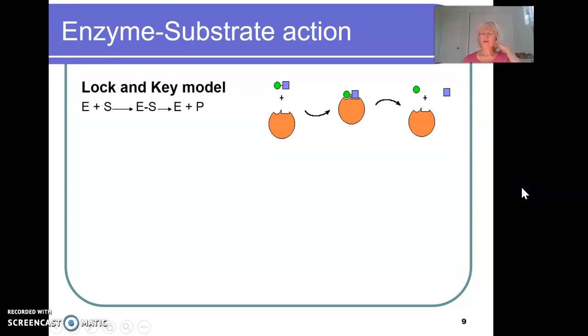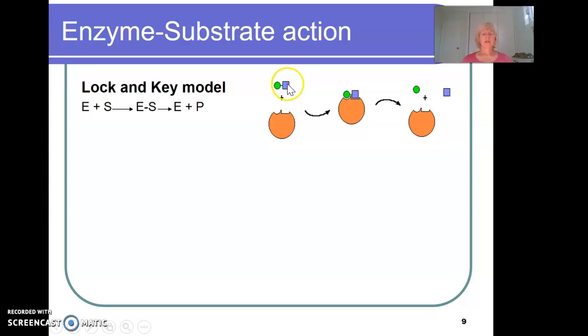There are two models to explain how enzymes work. The older model is the lock and key model. That orange blob here is supposed to be the enzyme, and this here is the substrate, and you can see this is a substrate made from two molecules, and the idea is to break these two molecules apart.